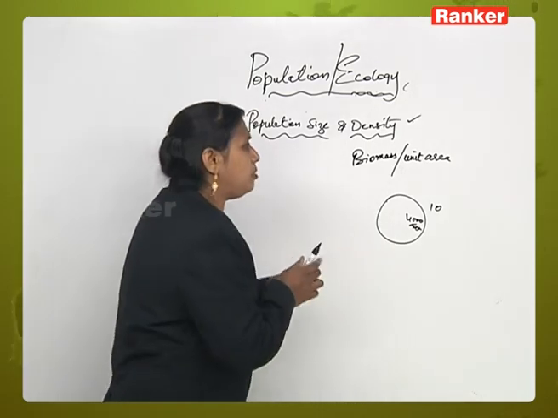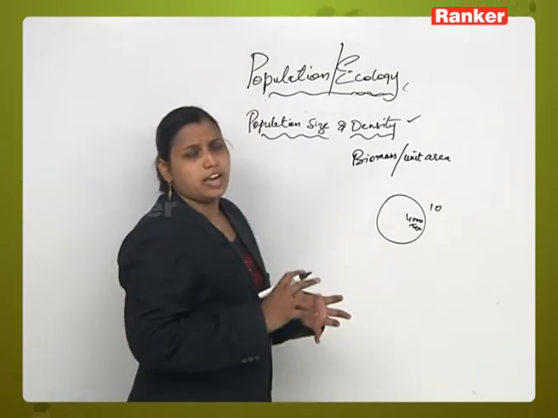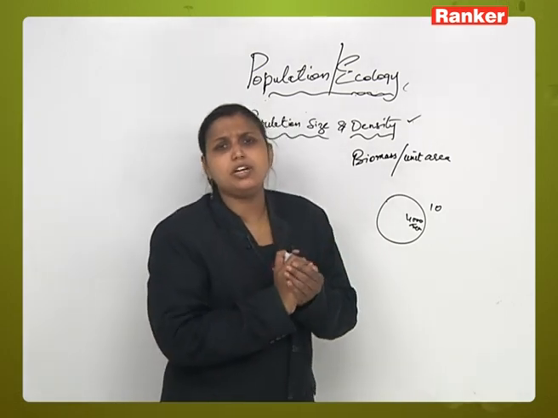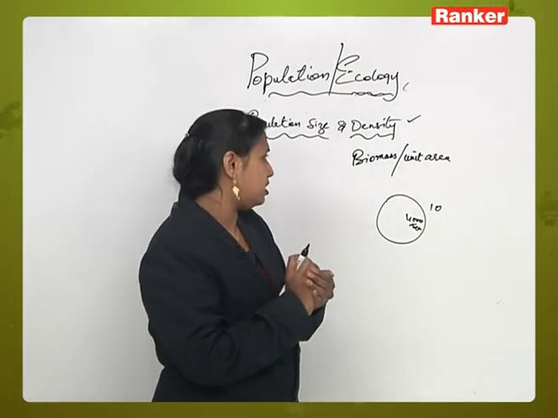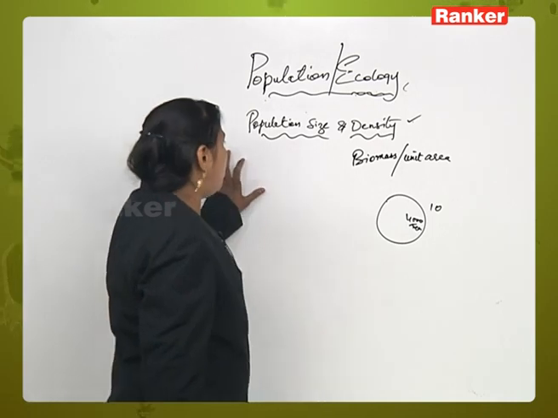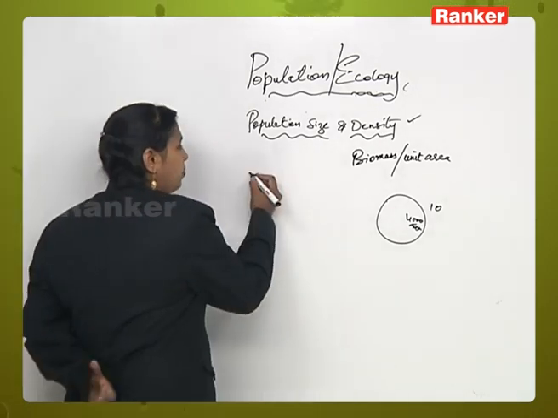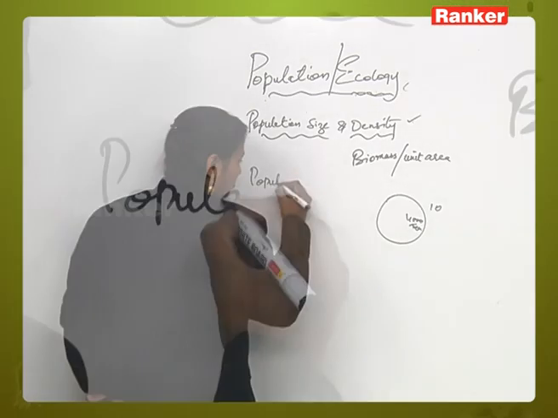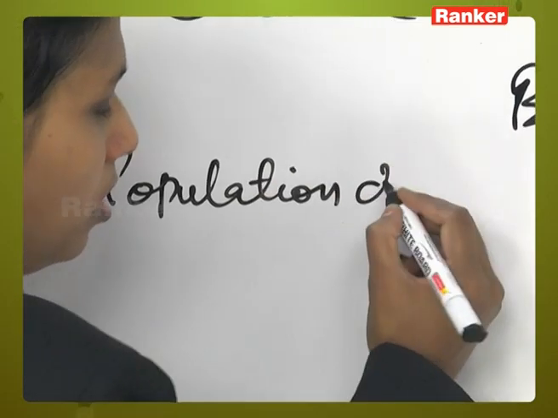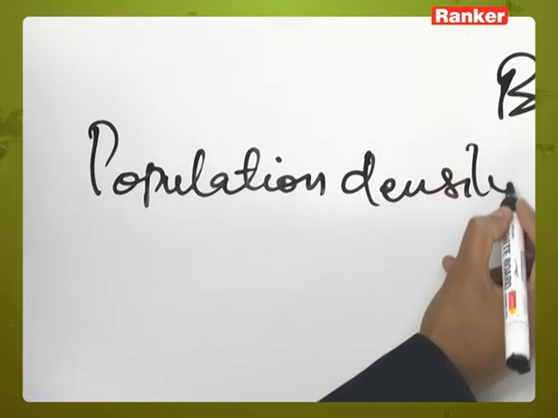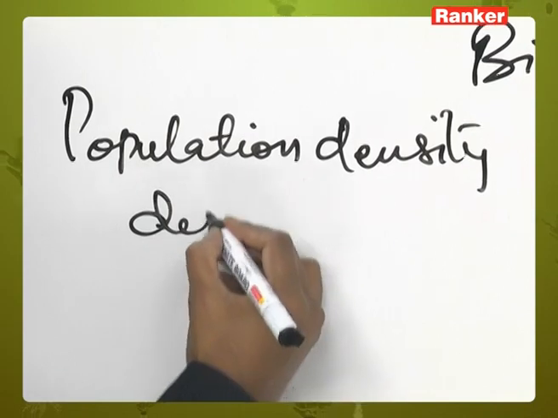So, what does it mean here? The large-sized animals will have more density when compared to smaller-bodied organisms. Here, population density also depends upon mortality.